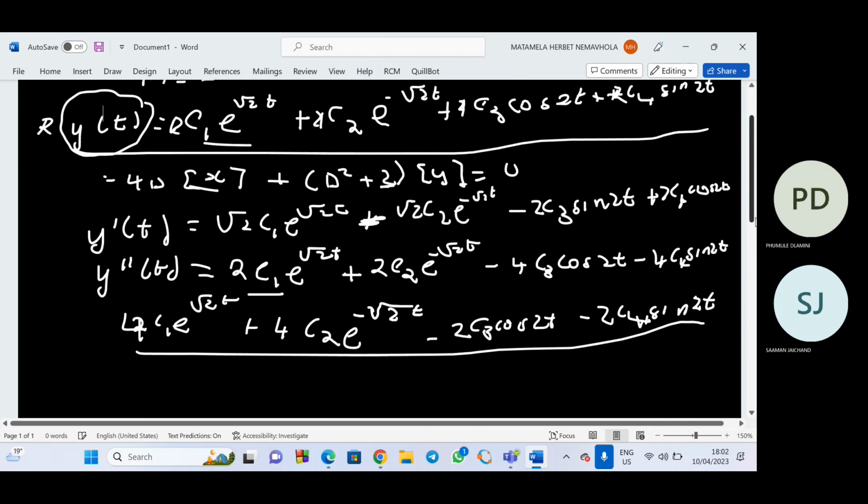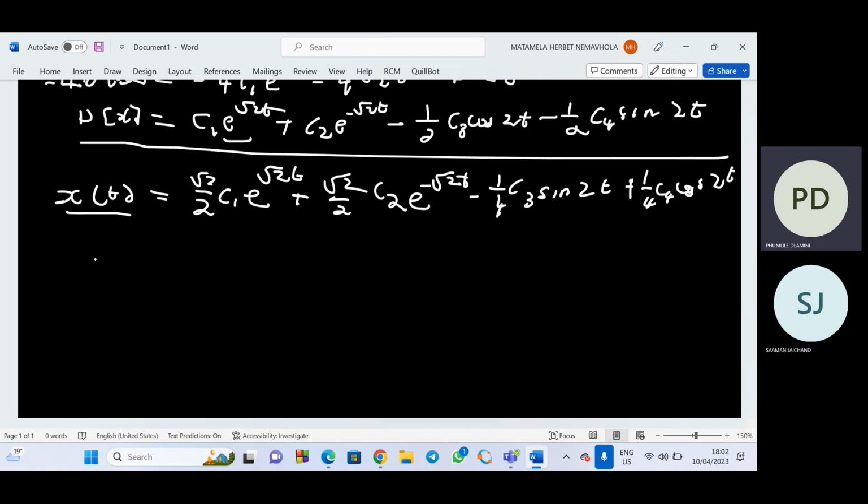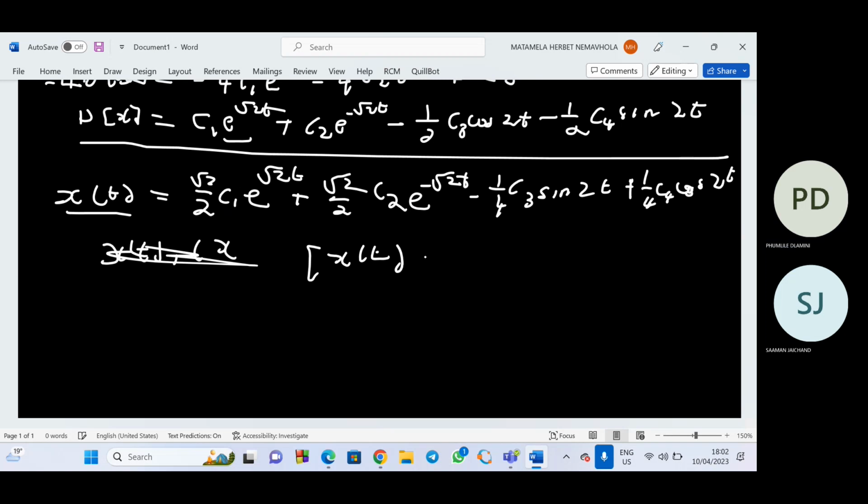So now when we proceed with this equation, we have found the equation of x of t, and we also have y of t. I wrote them as a transpose.